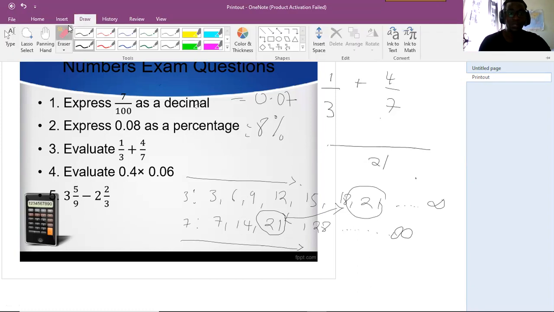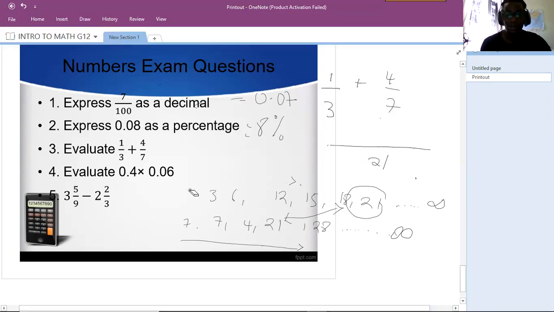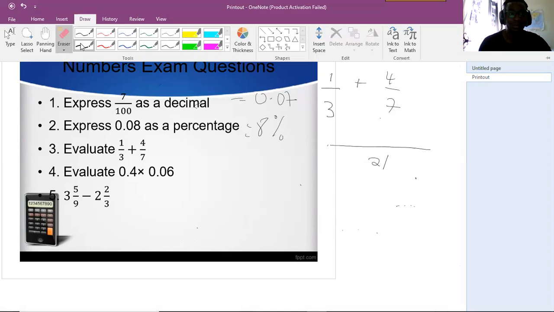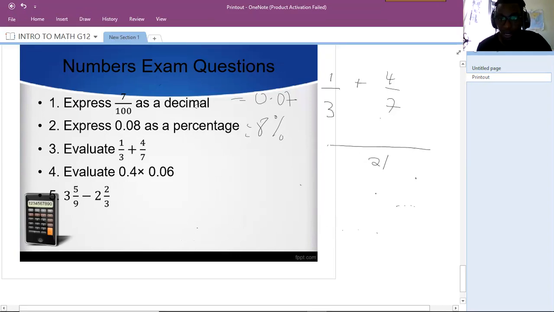But for me, I call it the lowest common multiple, but we'll be calling it the lowest common denominator. It doesn't really matter. But math has to make sense. Same with science. If what you're doing isn't making sense, then you're going to hate the subject. So here we now have our lowest common denominator, or our lowest common multiple between 3 and 7, which is 21.